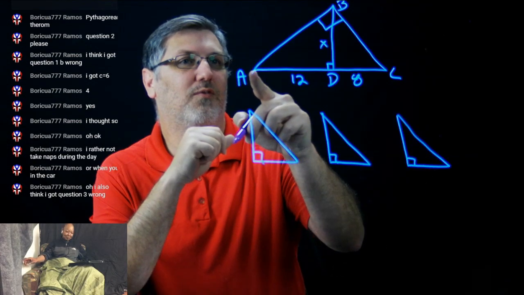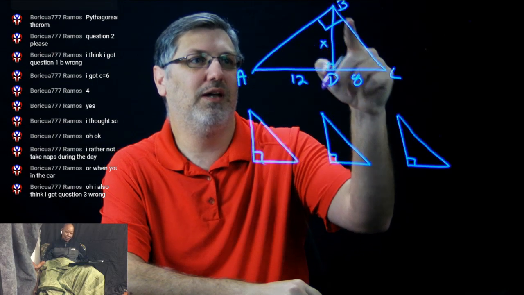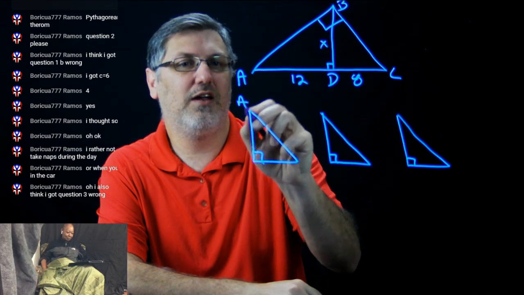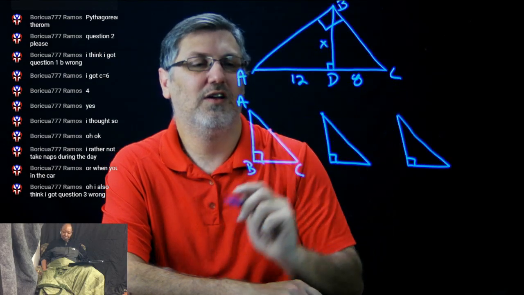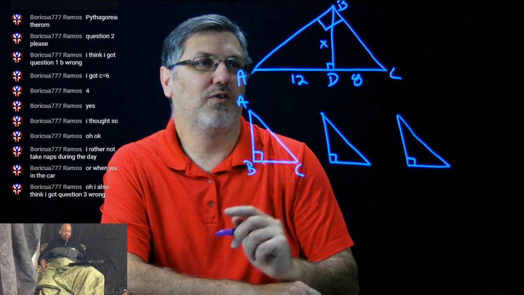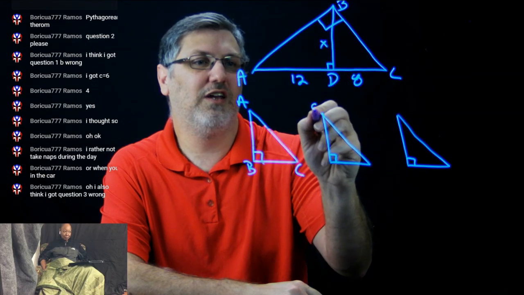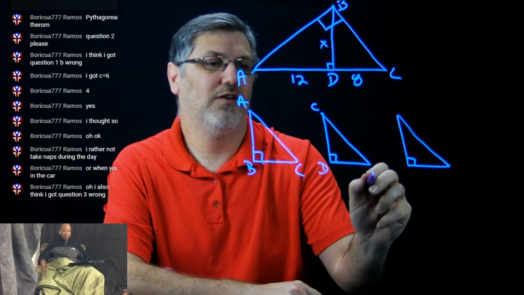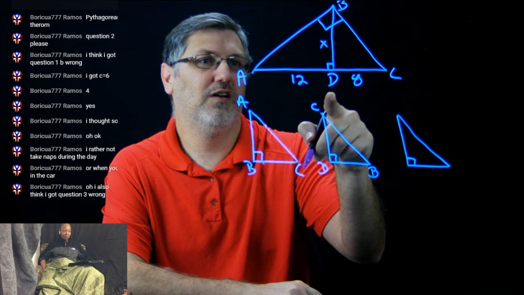So I want to start at the first one, and I'm going to go towards the 90-degree angle, A, B, C. So A, B, C. That's the big triangle, A, B, C. So the next one I'm going to do is C, D, B. So C, D, B. And then I'm going to repeat B, D, A.